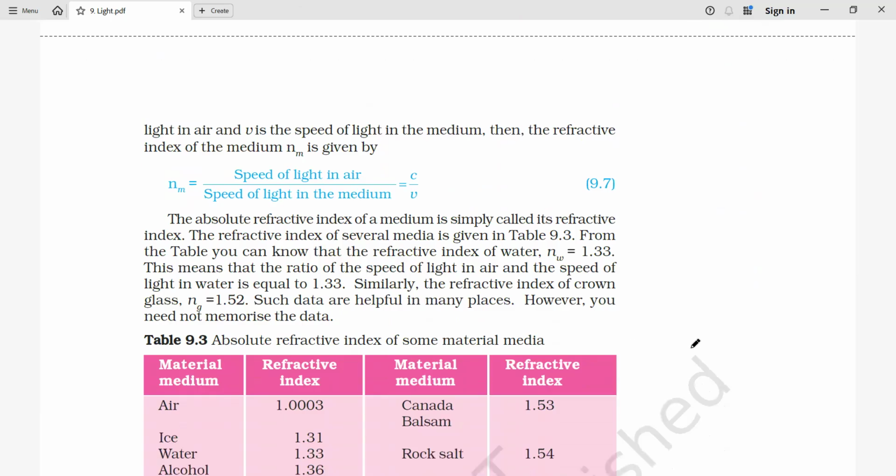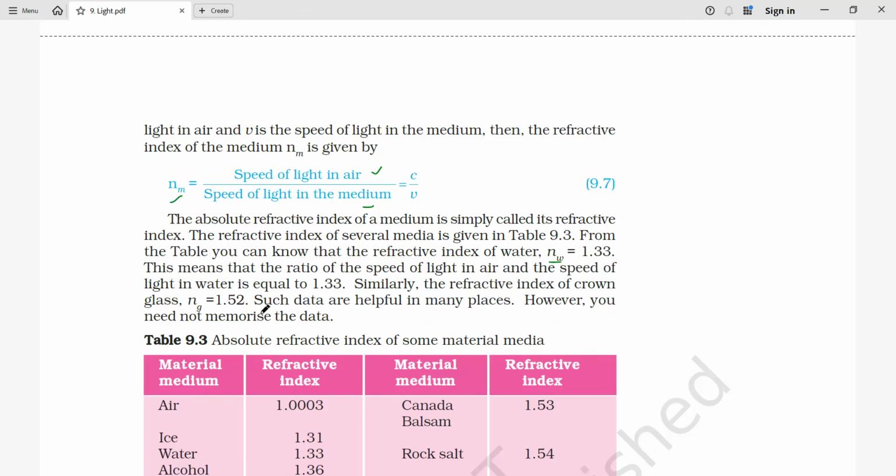So now here we are trying to find the refractive index of some medium. So the reference is taken as the speed of light in the air. So that is in the numerator, and speed of light in that medium is V. So finally, C upon V. So in case of water, its refractive index is going to be 1.33.